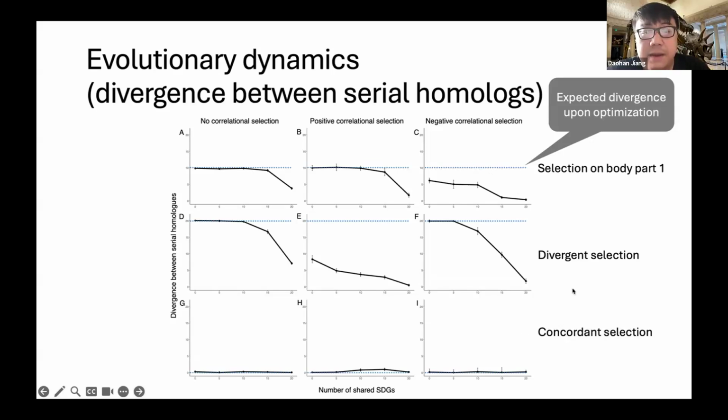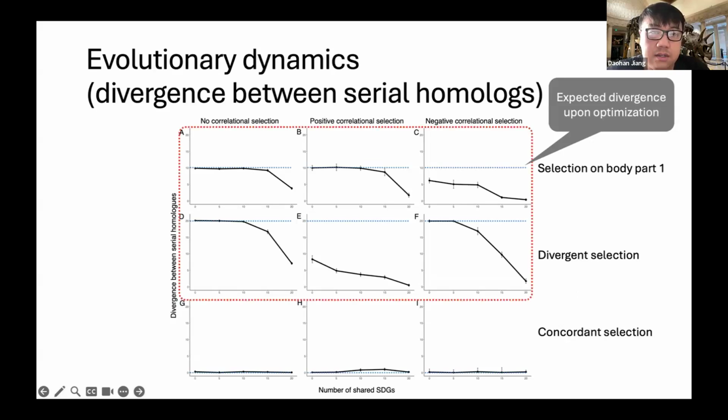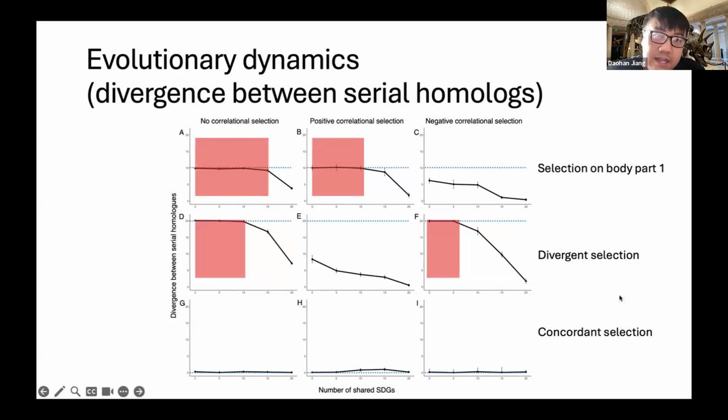The blue line is the expected amount of divergence upon optimization of the phenotype. There are some scenarios in which they do undergo substantial divergence, and certain parameter zones under which this happens faster. Namely, when the 2 identity genes don't share too many targets.